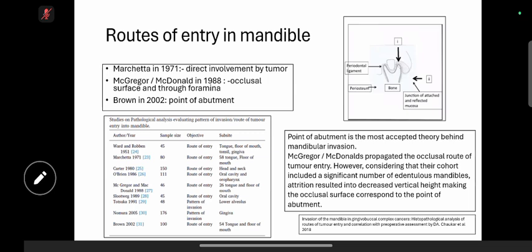However, considering that their cohort included a significant number of edentulous mandibles, attrition resulted in decreased vertical height, making the occlusal surface correspond to the point of abutment. As we can see in this picture, if attrition occurs in the edentulous patient, the occlusal surface eventually corresponds to the point of abutment of the tumor.